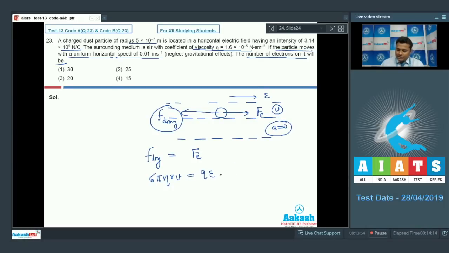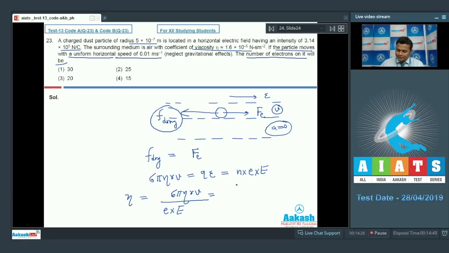that is QE, where Q is charge, and we know the charge is equal to an integral number of electrons, so N into e multiplied by electric field E. Now the number of electrons can be written from here, that is N equals 6 pi eta r v divided by electronic charge into electric field.